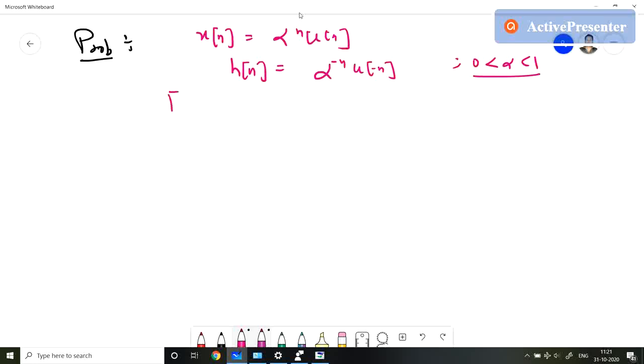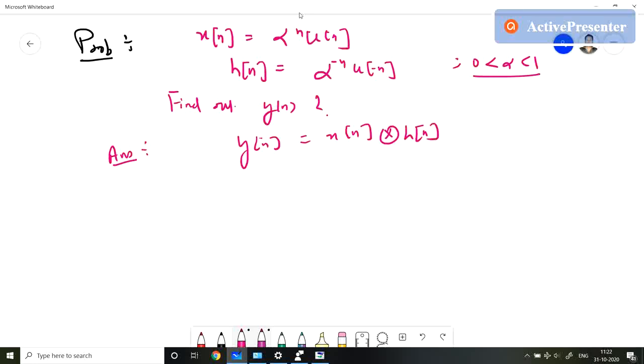Find y(n). So our question is to find the value of y(n). What is y(n)? y(n) is x(n) convolution with h(n).